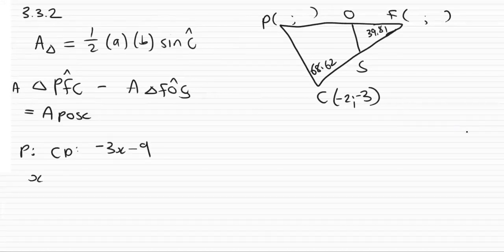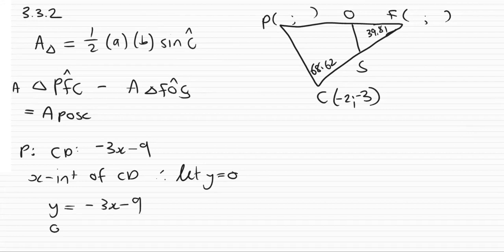Point P is the x-intercept of CD. Therefore, we can let y equal to 0. So y will equal minus 3x minus 9. 0 equals minus 3x minus 9.